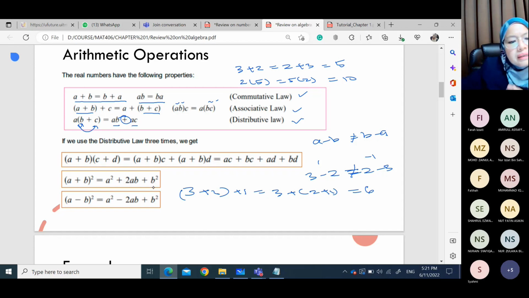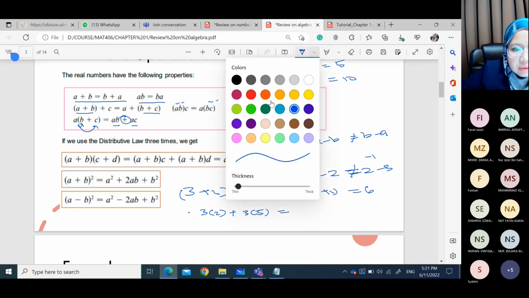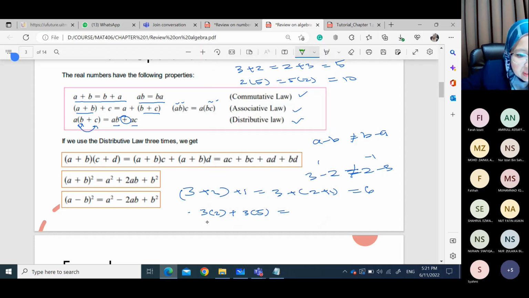Kalau daripada kanan ke kiri, contohnya you ada, kita ambil 3 darab 2, okay, tambah 3 darab 5. Okay, you nampak kat sini, untuk sebelah kiri ni kita ada 3, di sebelah kanan pun kita ada 3.